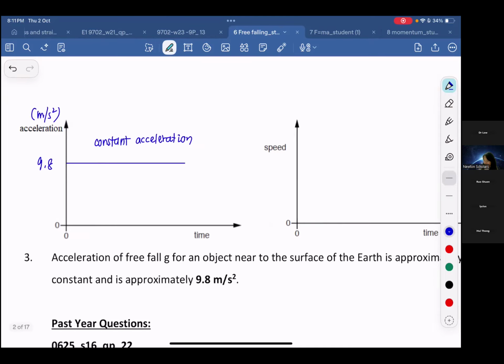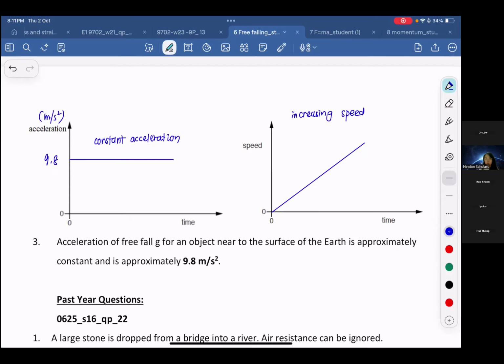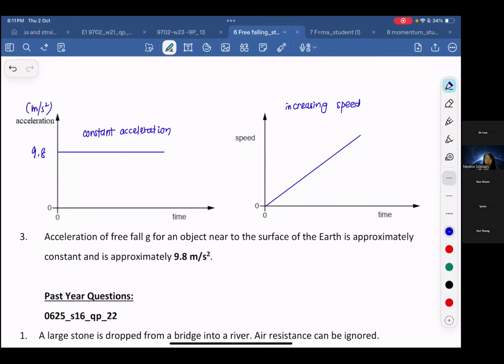For the speed-time graph, we know the speed is increasing, so it goes up like this. These two graphs you have to know; this is the free falling graph. The acceleration of free fall, g, near our Earth is 9.8 meters per second squared.